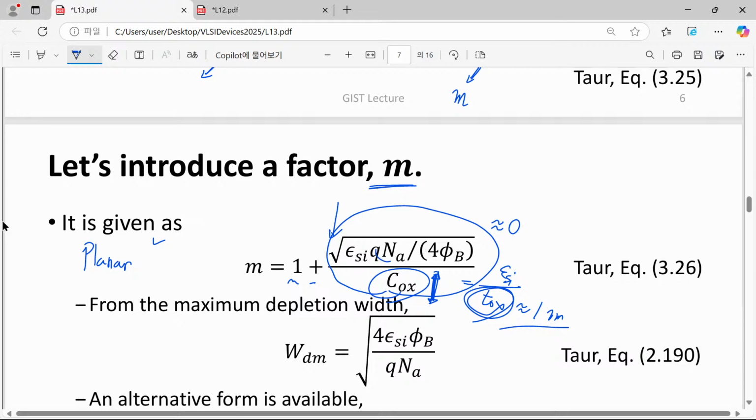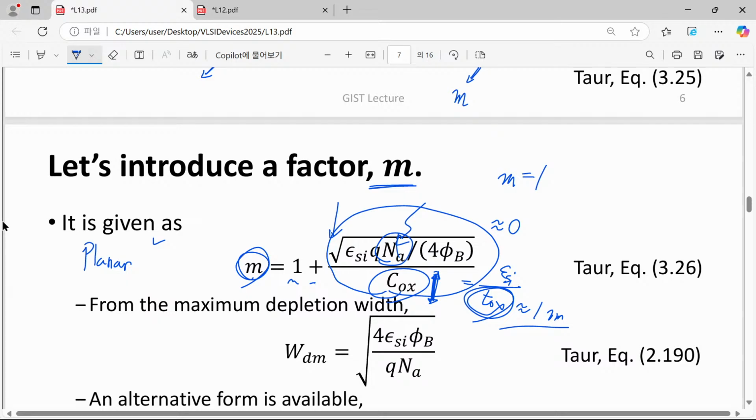And here we have a certain number, NA. If we increase NA, then of course this is counteracting, increasing this m value. So in the case of our previous planar MOSFET, due to the existence of this substrate, anyhow our value cannot be exactly 1. It is close to 1.